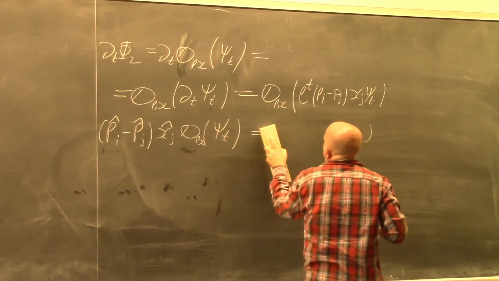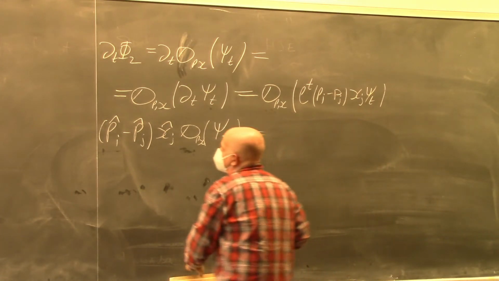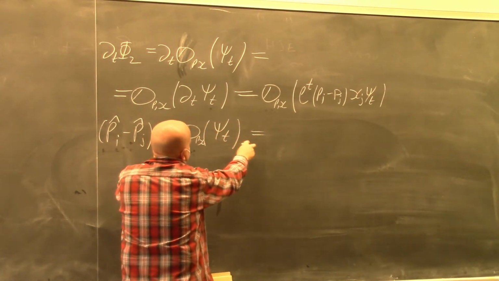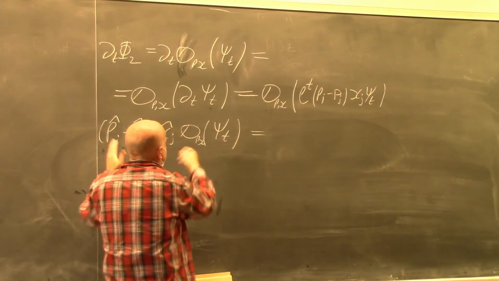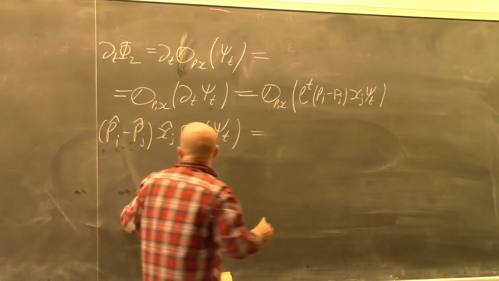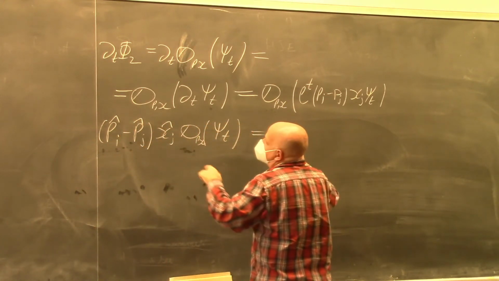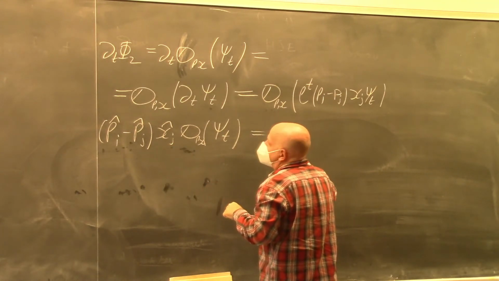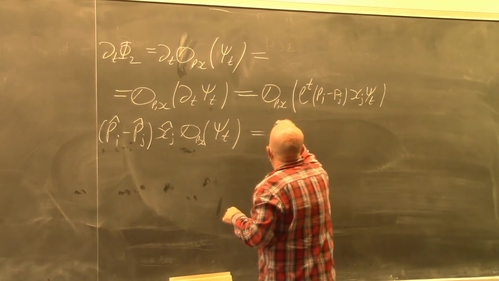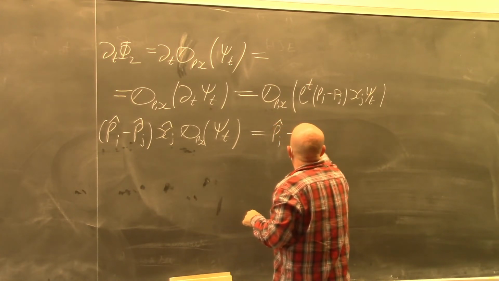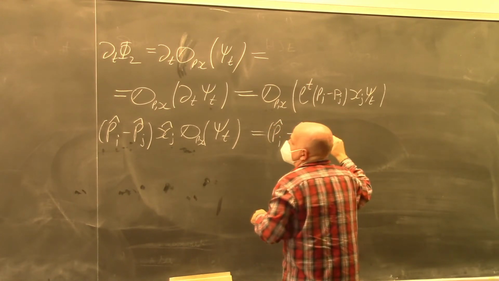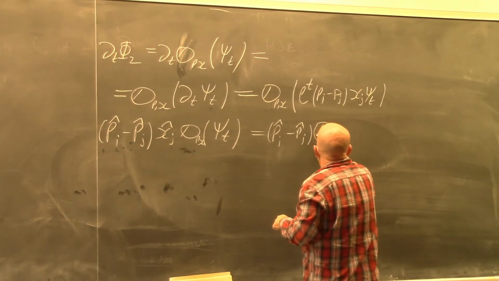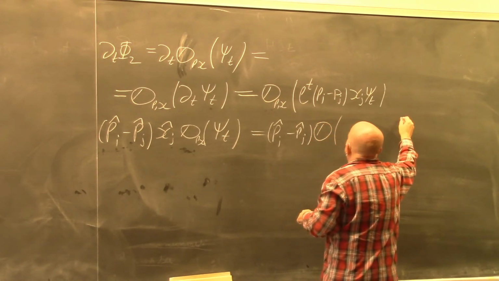So I need to bring these things into the O. Bring the things that are outside into the O. So let's first bring the x into the O. So this is pi hat minus pj hat times O of what?